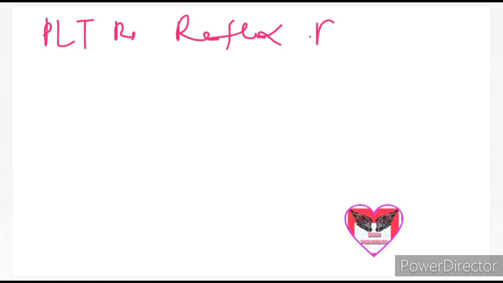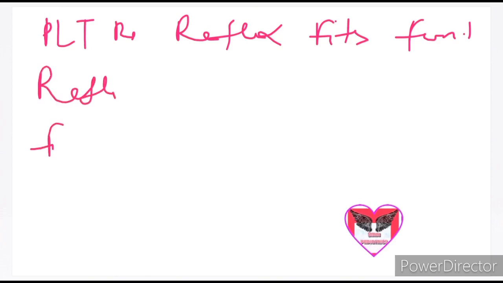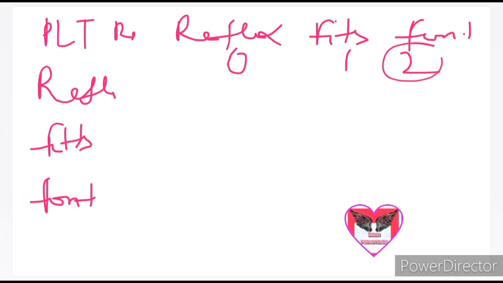Now we have platelet R, reflex, fits, and fontanelle. Now reflex, fits, and fontanelle have a 0, 1, 2 score, maximum 2 for these three.